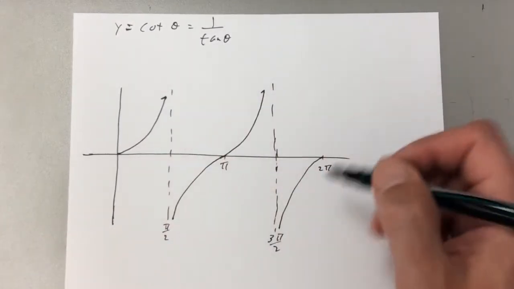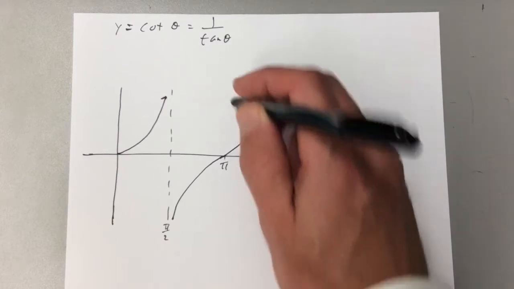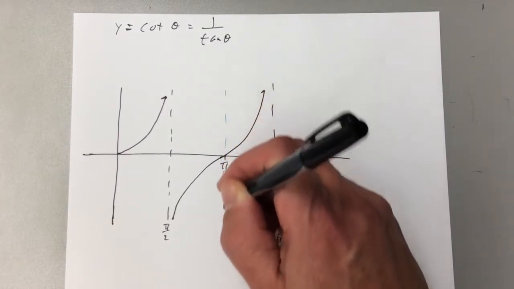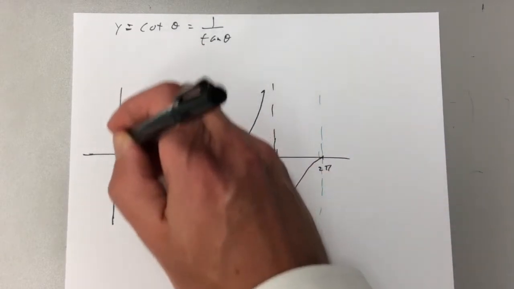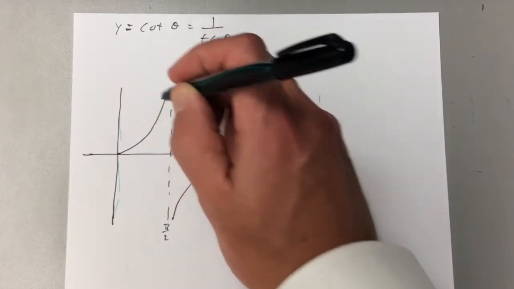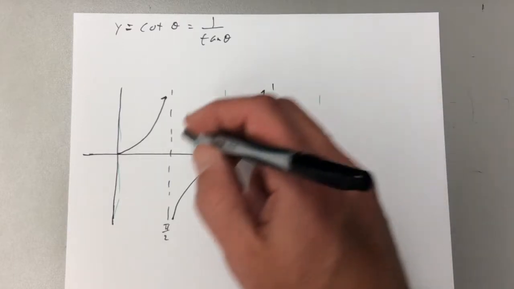And now we just have new vertical asymptotes wherever tan equals 0. There's our new ones. And here. And then it just ends up being a little different.